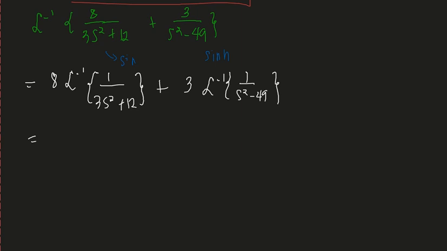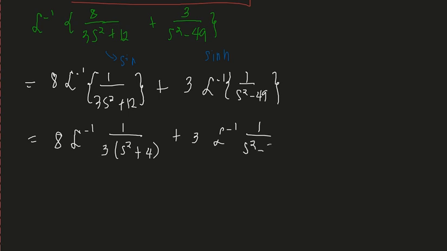So we'll have 8. We will have inverse Laplace transform of 1. So pwede ko i-factor out ang 3. We will have 3. Then we will have s squared plus 4 plus 3 all over inverse Laplace transform of 1 all over s squared minus 7 squared.